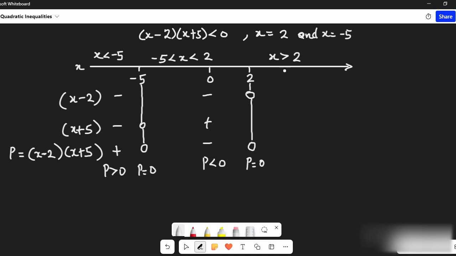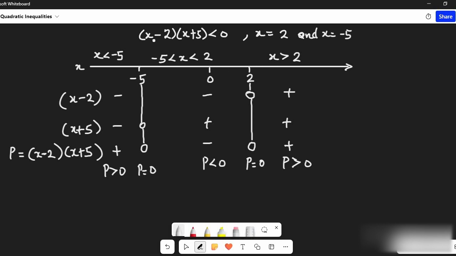Now when x is greater than 2, the factor x minus 2 will be positive, and the factor x plus 5 will be positive as well. Therefore, the product will be positive because plus times plus is plus. So this product here will be greater than 0.